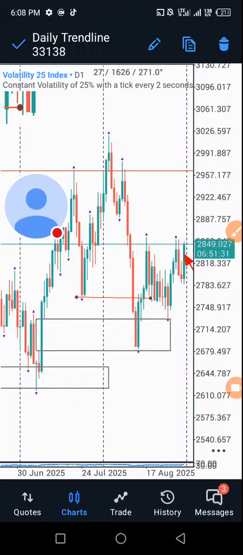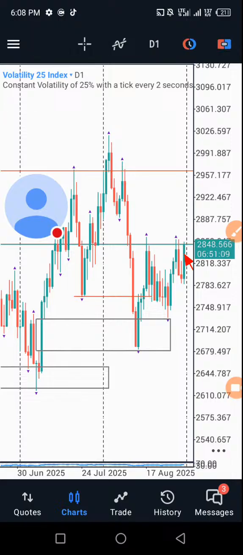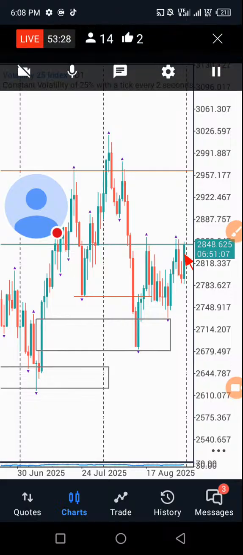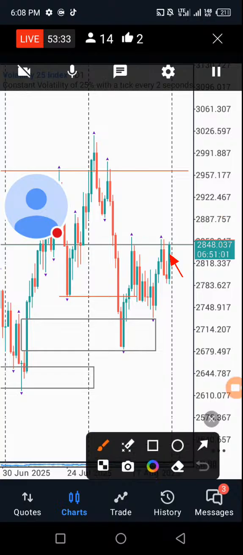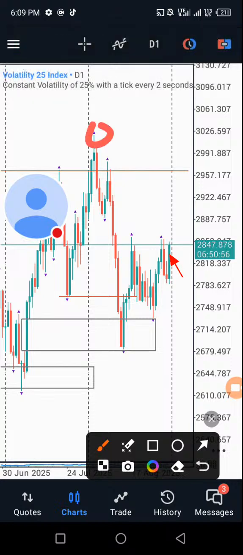So we are going to refine this entry so that we can get an early entry, to see where we can get an early entry in the market. So after price has given us this break of structure down, this is what we are going to be considering now. We are going to be considering this high, low, high, and this low here.